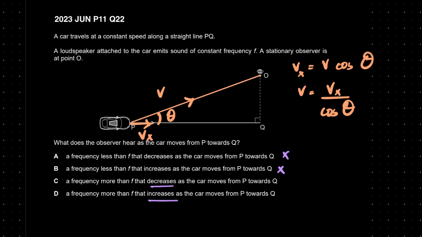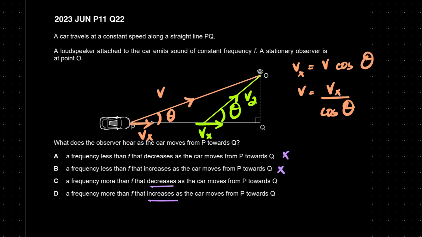Now I know this might seem a bit math heavy, but just bear with me for a moment. Compare this to a stage where the car is here. Again, it's still moving with the same velocity Vx like this. But as you can see here, this theta is now much larger. So if this was V1, what is V2 going to be?